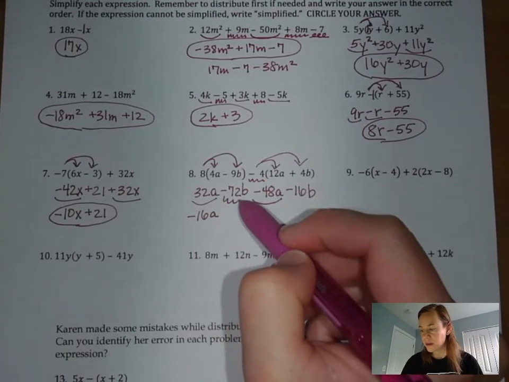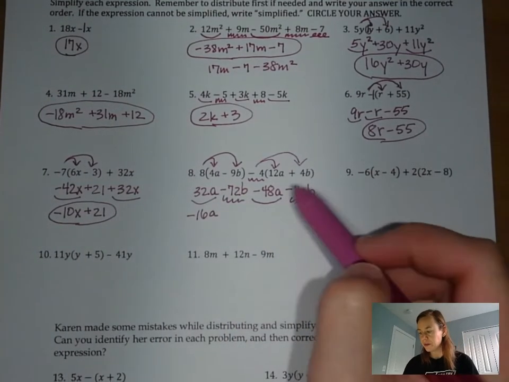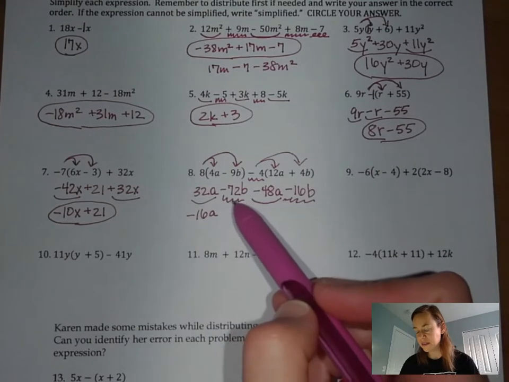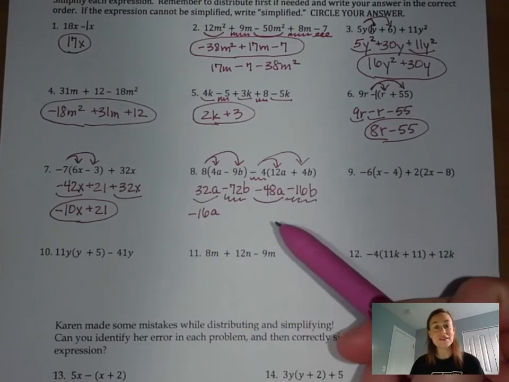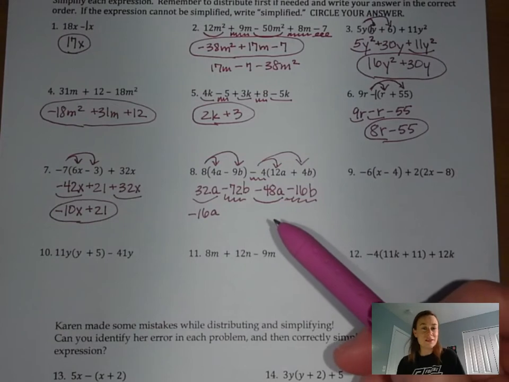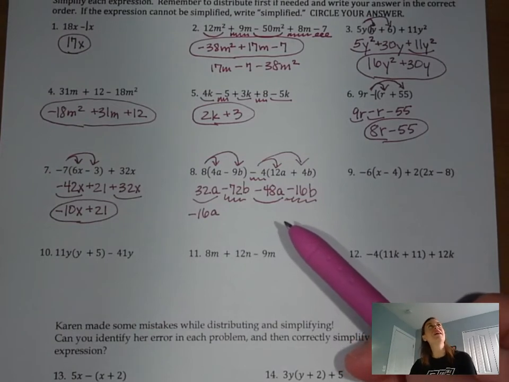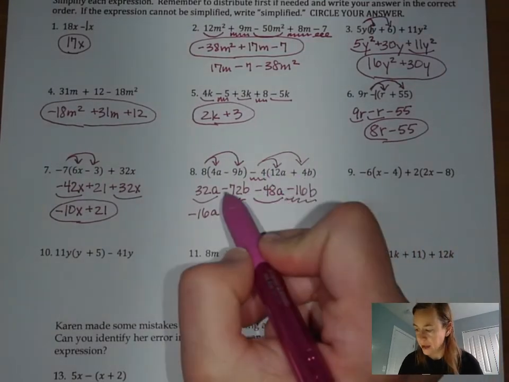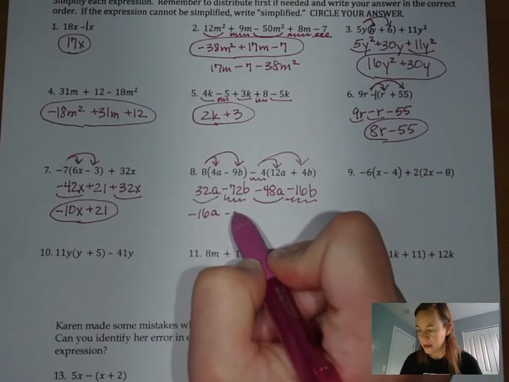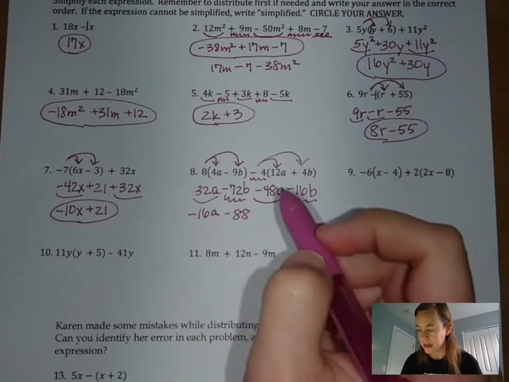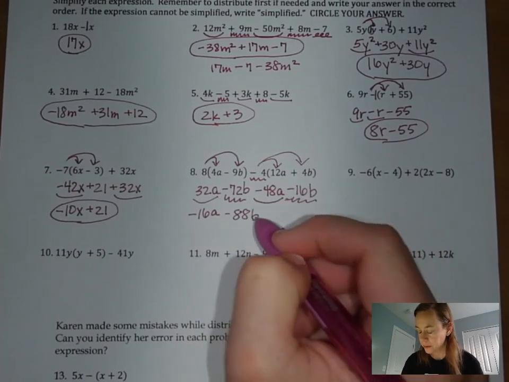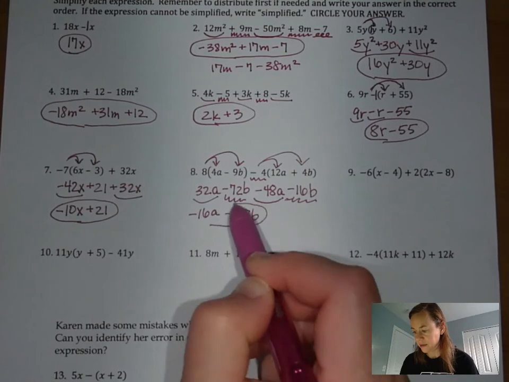Now let's combine the b terms. So we have -72 minus 16. It looks like they're the same sign, so let's add them. 72 plus 16, that's 82 plus 6 is 88. And this time they're negative. We're going to keep that negative sign. So 88, and it's still a b. Okay, and then that one is done.